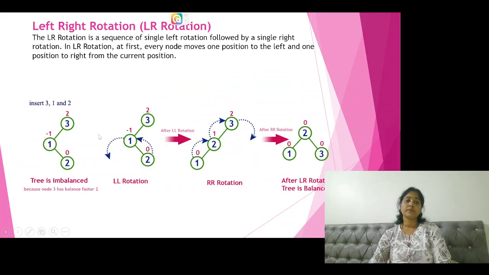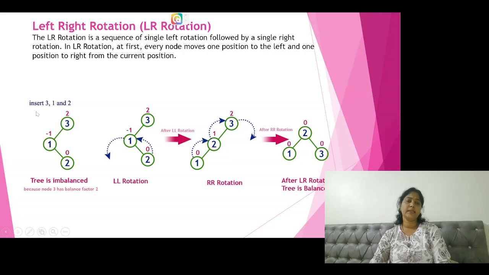And left right rotation similarly. When you insert 3, 1, 2, the tree will be something like this. It is violating the rule here at the 3 node. So left and right: when you insert on the left side and then the right side of the left subtree, it is violating the rule, so you have to take LR rotation.